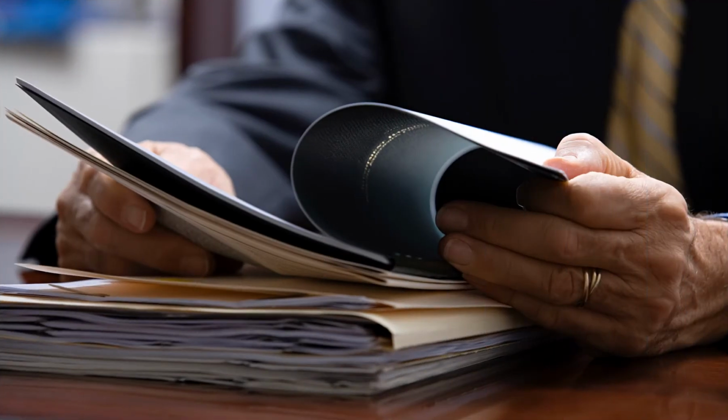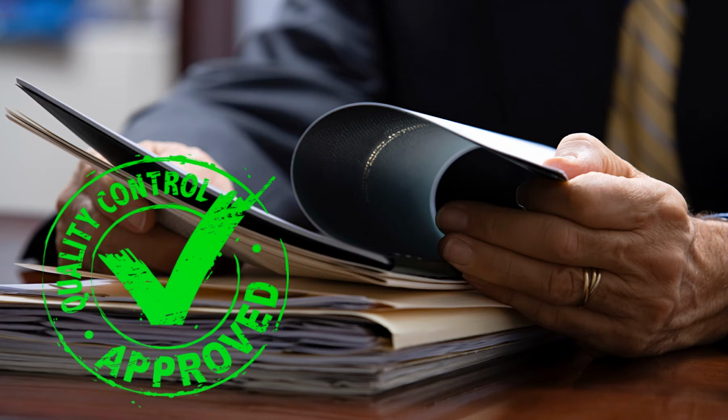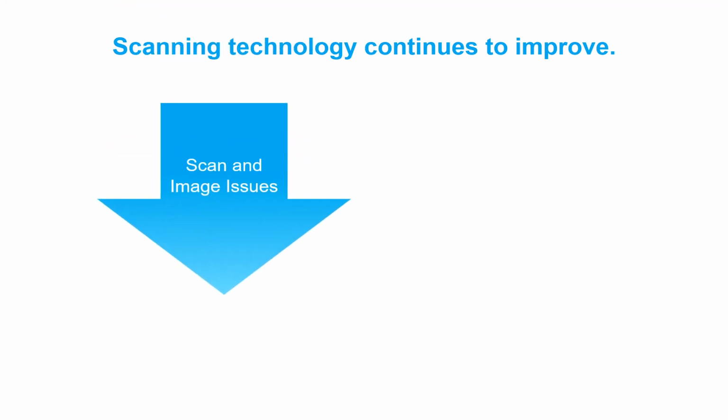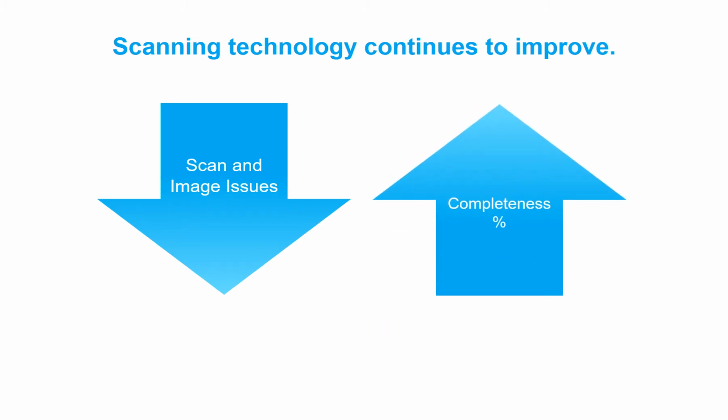Now, of course, a document image is only as good as its quality. For all documents, we consider whether documents or pages are missing or fail our legibility standards. Scanning technology continues to improve, so scan and image issues continue to decrease as our completeness percentage increases.